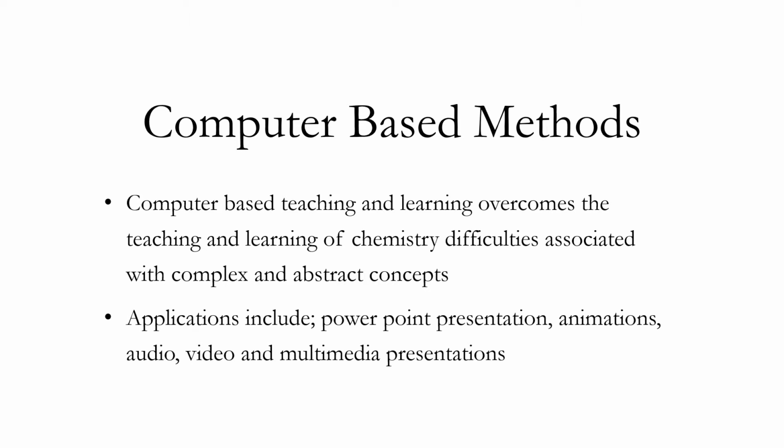Computer-based teaching and learning refers to those new methods where we apply the computer either to enhance or to clarify or to bring out points more clearly or to iron out what we call abstract concepts in chemistry. Computer-based teaching and learning overcomes the difficulties associated with teaching and learning complex and abstract concepts in chemistry.